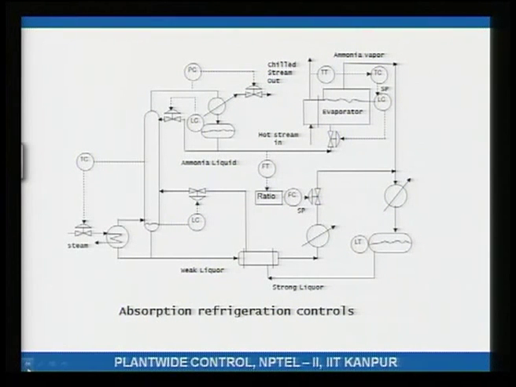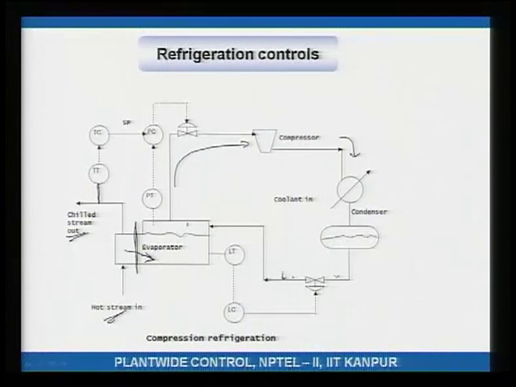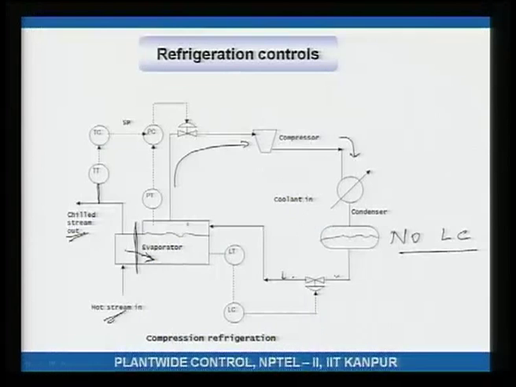By the way, this aspect I should have also shown you in the previous slide. Notice that there is no level control here also. Why is that? That is because the inventory of the refrigerant is fixed. The refrigerant can circulate around at whatever rate you want, but since no refrigerant is entering or exiting, I don't need to control the level of the refrigerant.